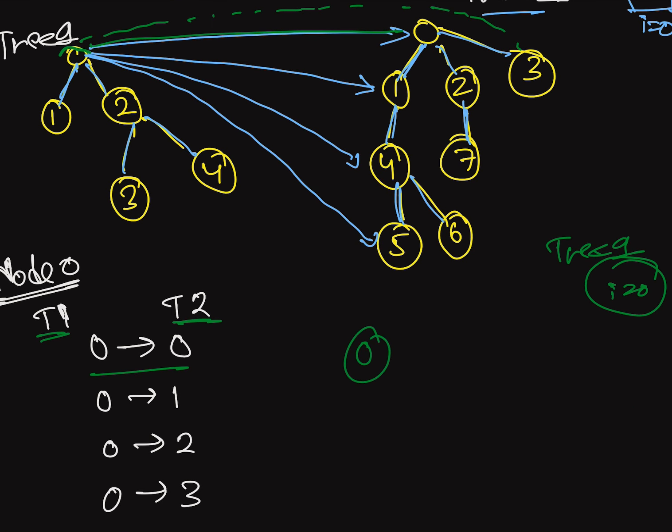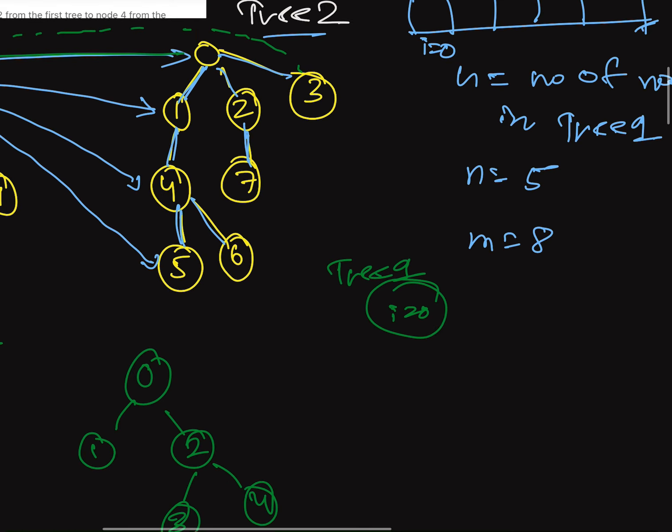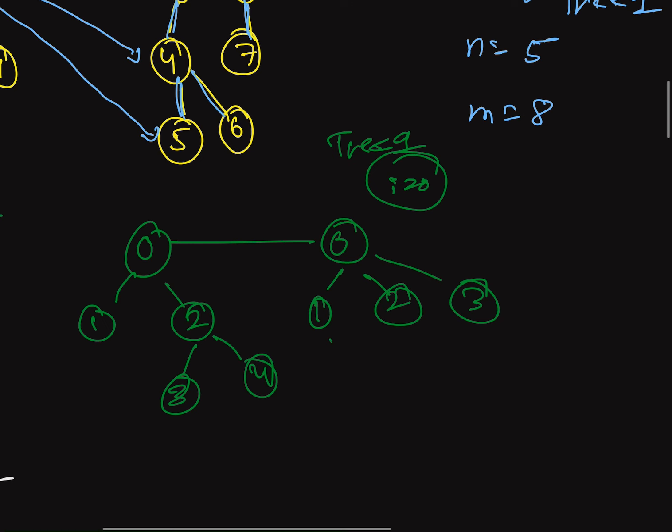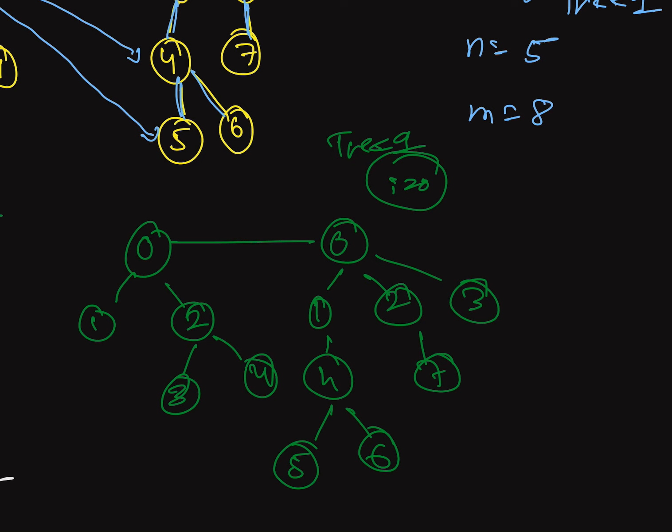What will the graph look like? 0 1 2 3 4, then I have connected this to 0 1 2 3 4 7 5 6. This is the newly added edge.